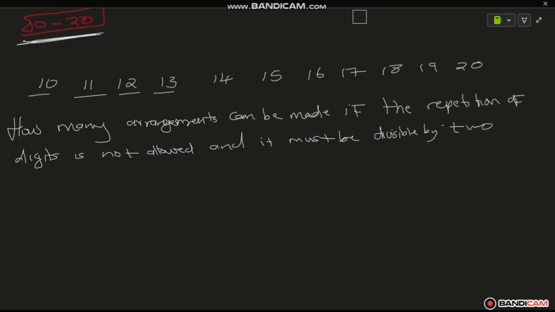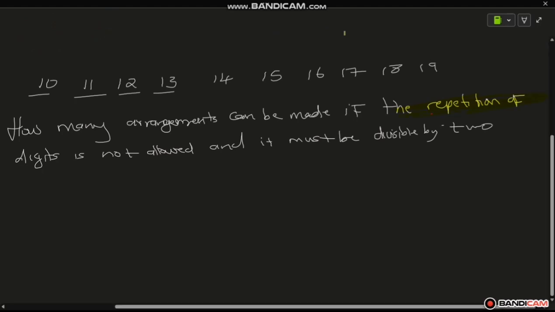All right, let me erase this 20 so that we'll have 10 digits. Okay, now they told us something here. They told us that the repetition of the digits is not allowed.